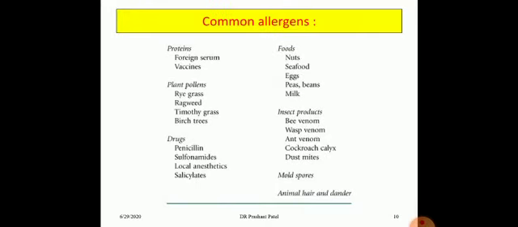There are various allergens which can cause type 1 hypersensitivity reactions, including proteins, many plant pollens, drugs, many foods, and bites from various kinds of insects. All of these can lead to type 1 hypersensitivity reactions.